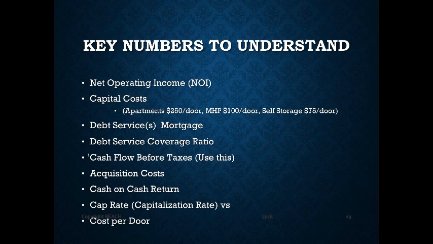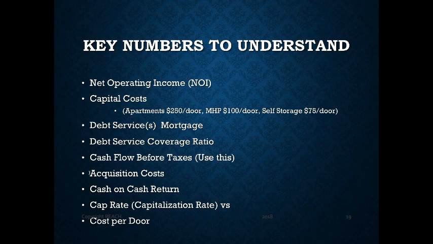So typically, when we are looking at buying something, one of the main things that James and I look at is the cash on cash return. So how hard is our money working for us, right? To figure out what the cash on cash return is, you have to know what your total acquisition costs are.